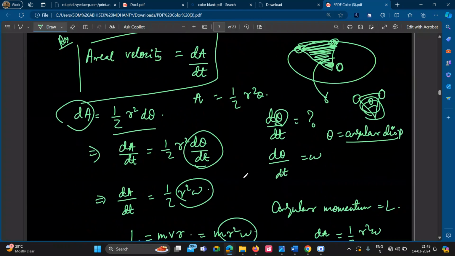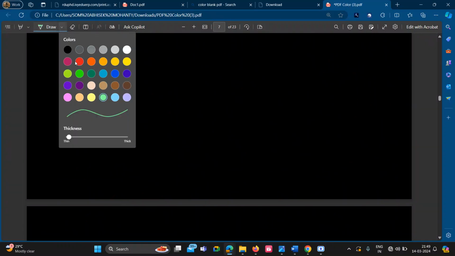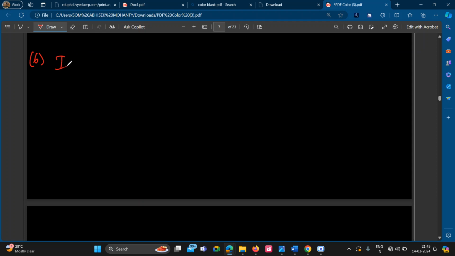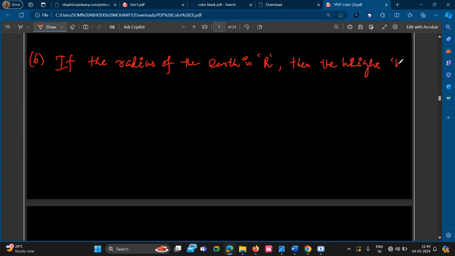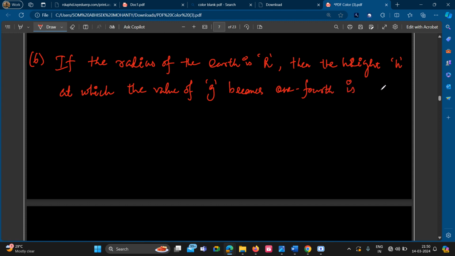Next question, question number 6. If the radius of the Earth is capital R, then the height small h at which the value of g becomes one fourth is dash.